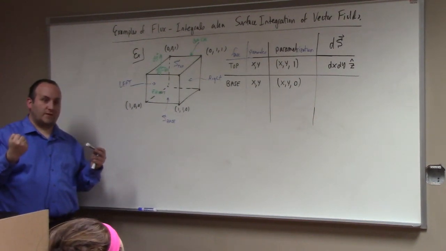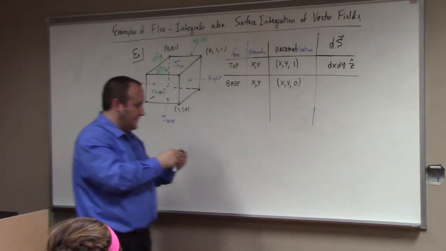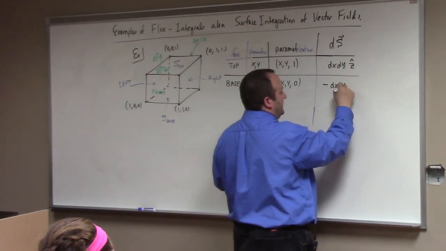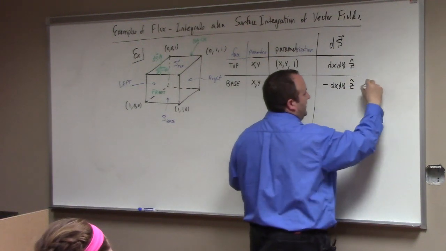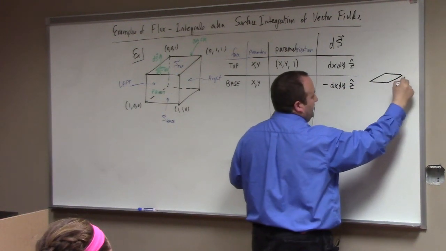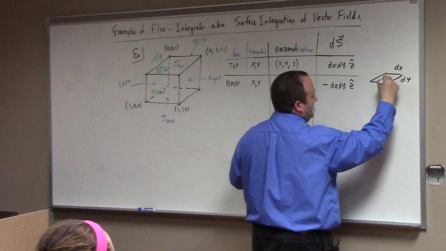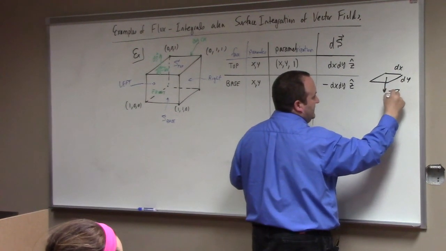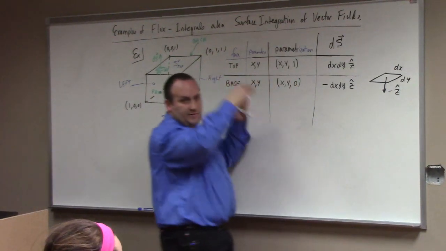That means what I need for the base face is actually minus dx dy z hat. Because you've got your little dy, your little dx, and minus z hat should be the direction of the normal.